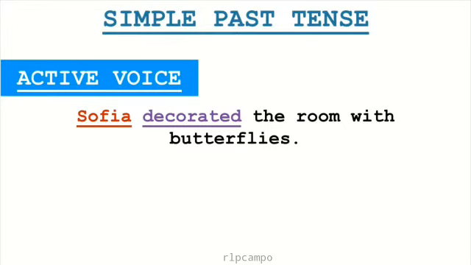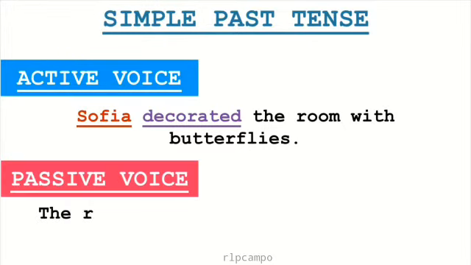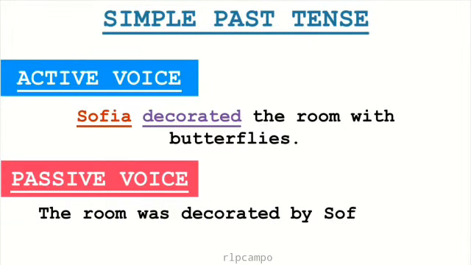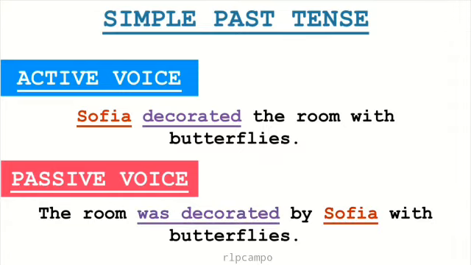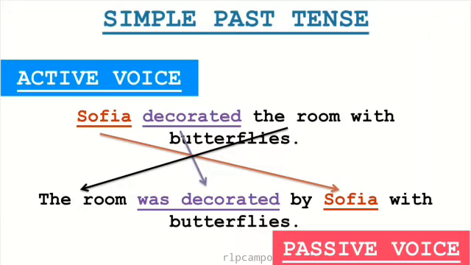For its passive transformation, it will be the room was decorated by Sophia with butterflies. The main verb decorated in active voice is in past tense, therefore the be verb added in passive voice is also in past tense. Observe the arrows again.